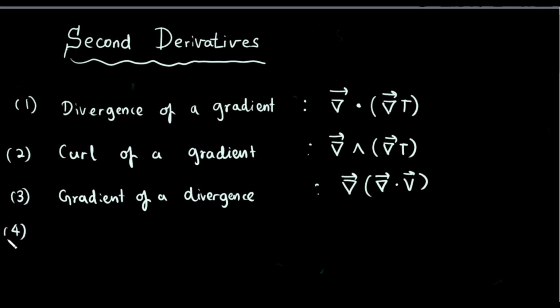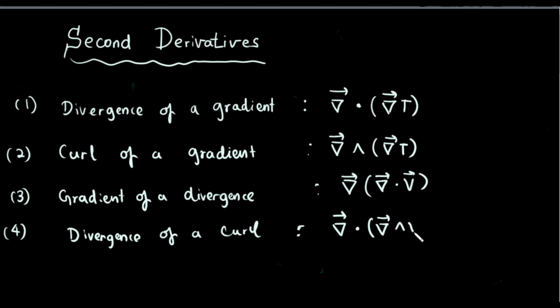The fourth one is the divergence of a curl. That means we have a dot product, so we have del dot del cross v, because when we have curl, we have to have a vector field.